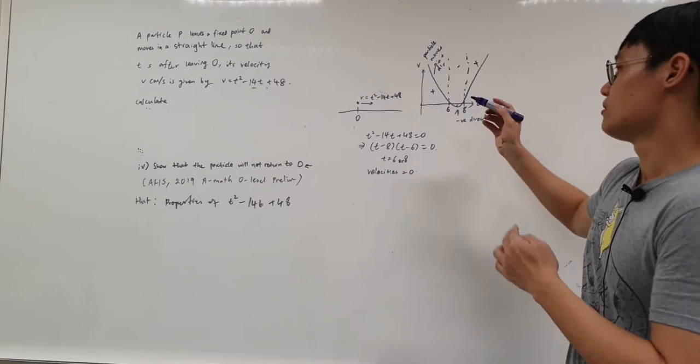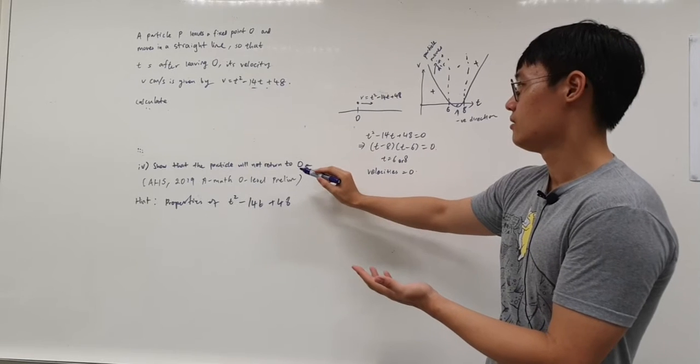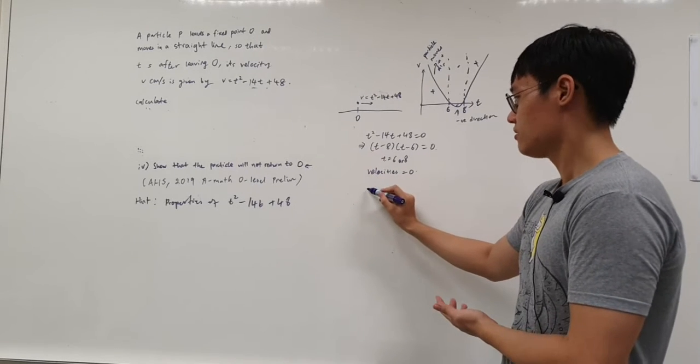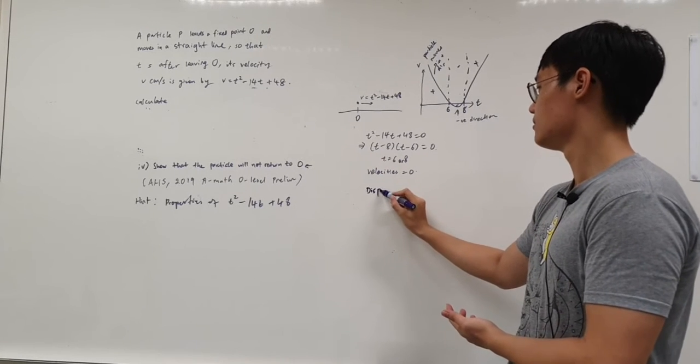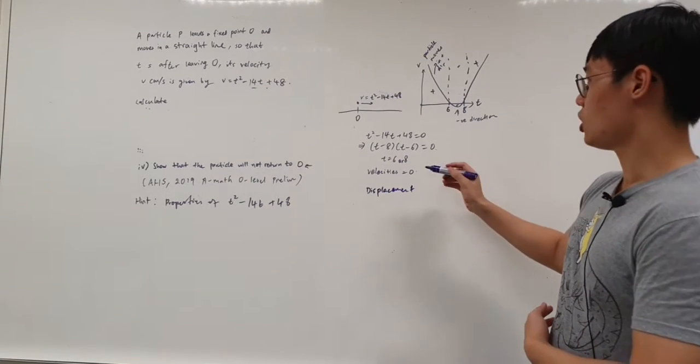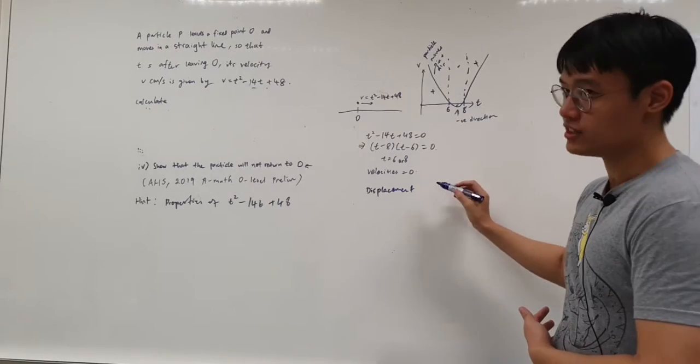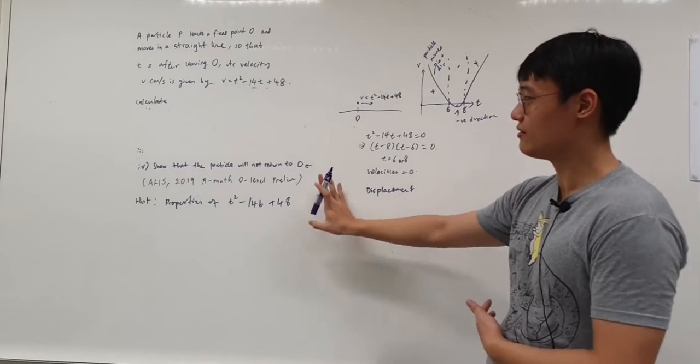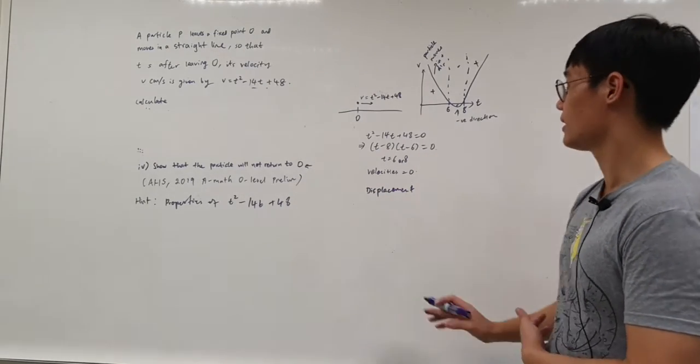We can just find the displacement of the particle and check that it never returns to O.